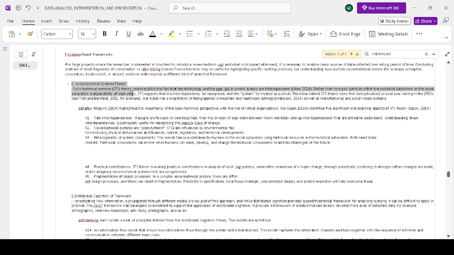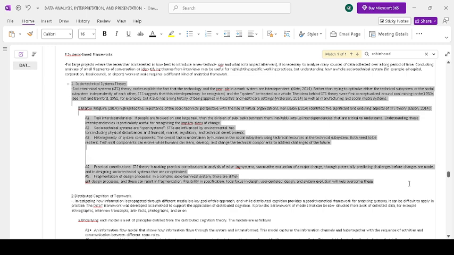Socio-technical systems theory. Socio-technical systems theory makes explicit the fact that technology and people in a work system are interdependent. It's based on research in 2014. Rather than trying to optimize either the technical subsystem or the social subsystem independently of each other, you're trying to do that in parallel, the people and the technology.